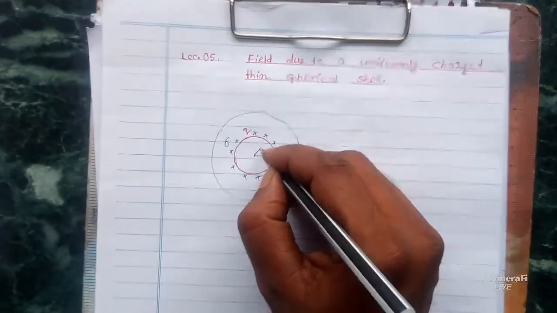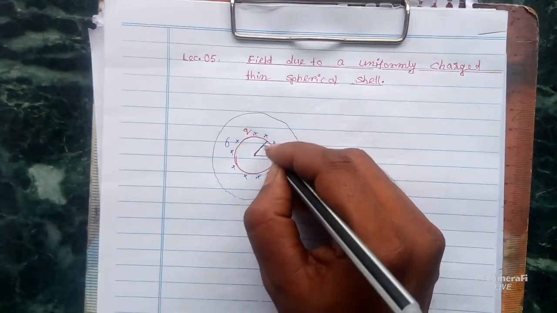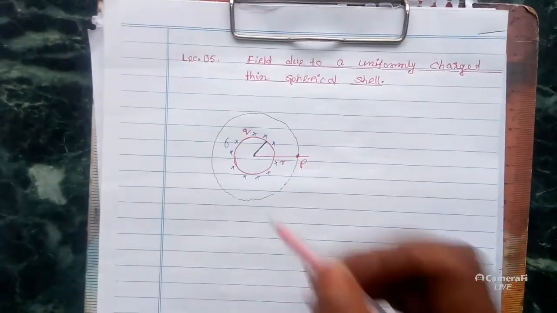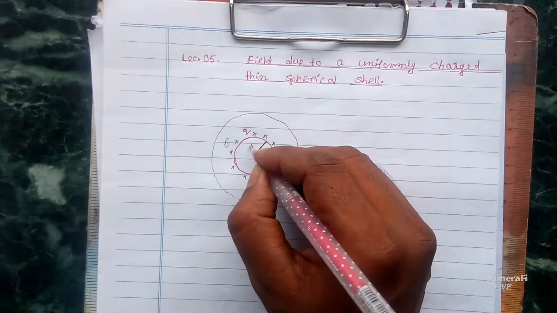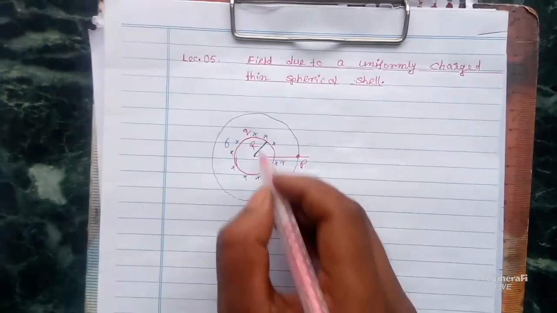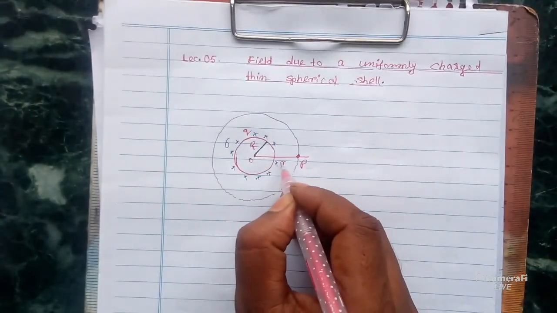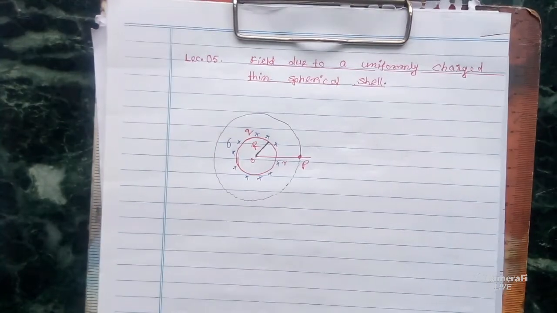Now the radius of the sphere is capital R, and we are calculating the electric field at a distance small r from the center of the sphere. Understood?